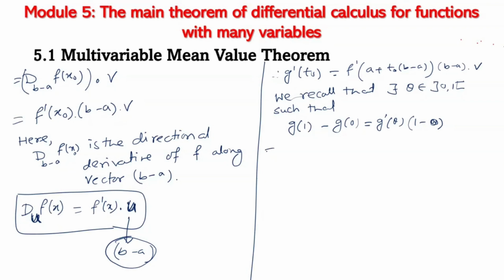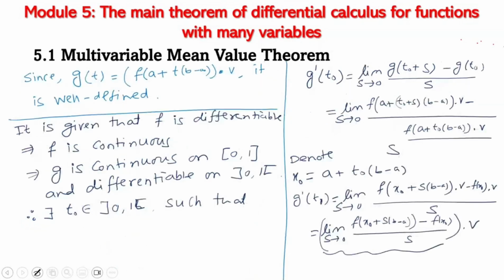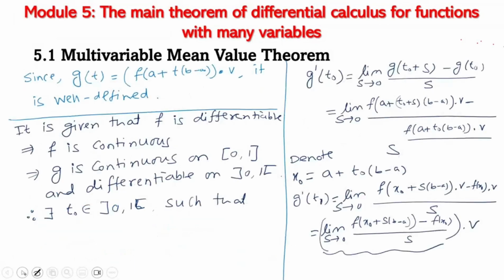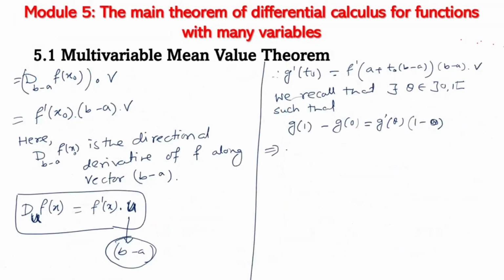By the definition of g, we know that g1 is equal to f of b dot v and g0 is equal to f of a dot v. So we substitute those values: f of b dot v minus f of a dot v is equal to g dash theta.